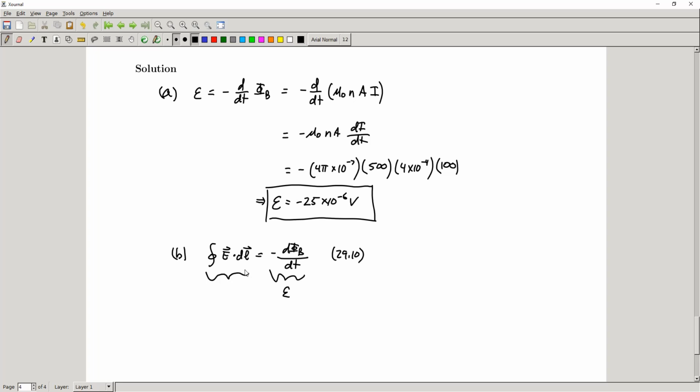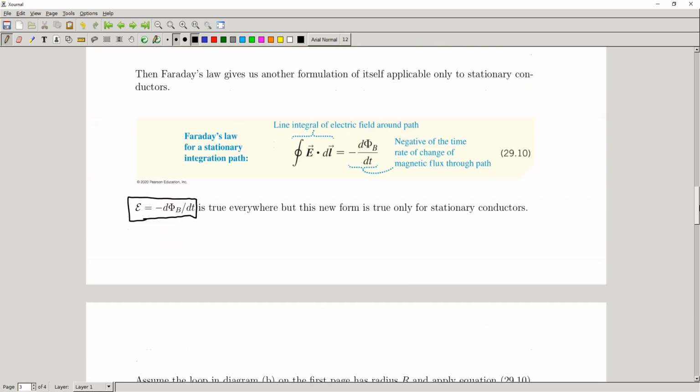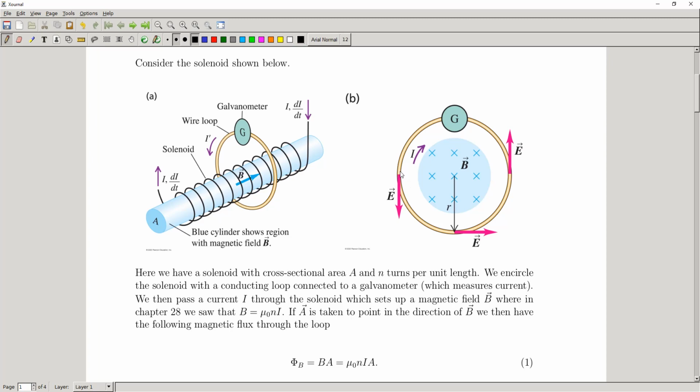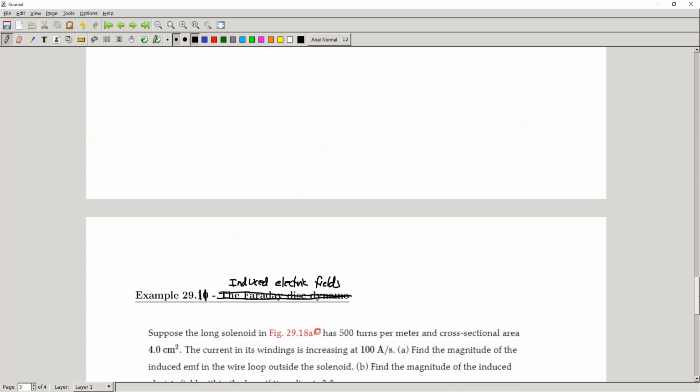So this line integral around that loop is exactly what we talked about before. It's going to be the magnitude of the electric field times the circumference of the circle. It's the same integral again, and we have the same symmetries, so we can make the same argument here.